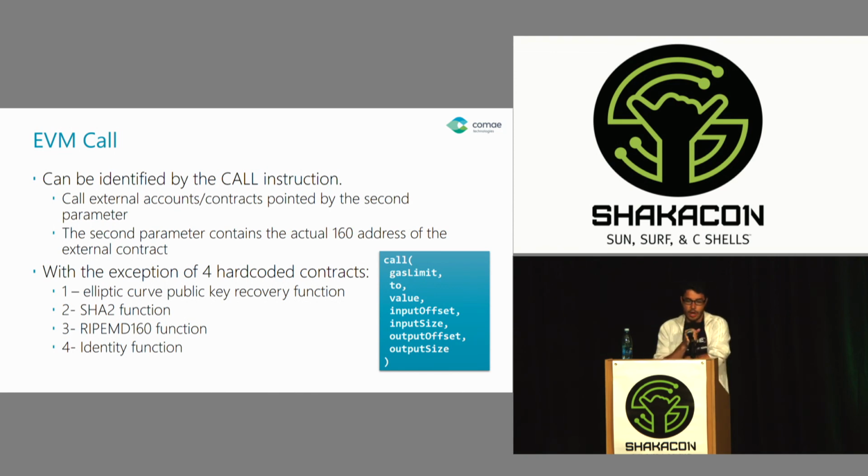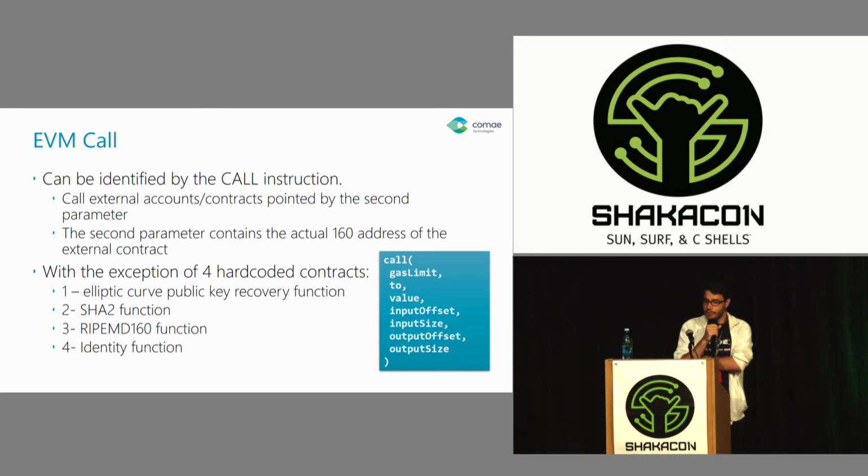And then we have a second type of instruction, CALL. The first one comes down to instructions themselves. But there is also an instruction called CALL, which allows you to call external contracts or external accounts. So here we see the actual format for the call.